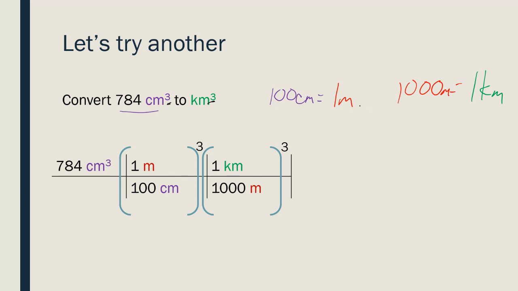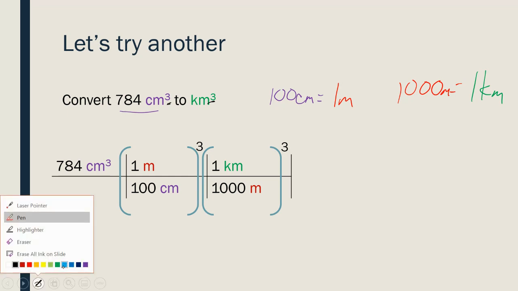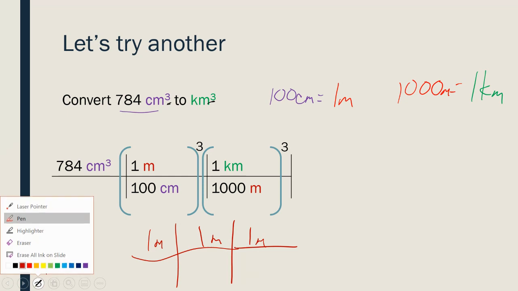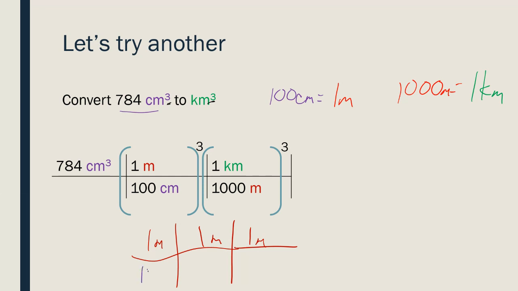So that's basically multiplying 3 times 1 meter, 1 meter, 1 meter over 100 centimeters, right? 1 meter over 100 centimeters cubed is you're just multiplying that 3 times. So you can either multiply that 3 times like this and take care of each one of these centimeters with each one of those, or you can cube the whole expression.